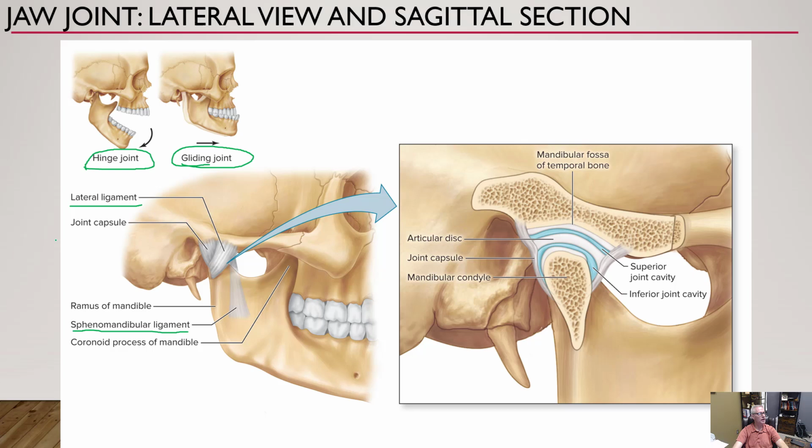The mandibular condyle goes into the mandibular fossa of the temporal bone. Fossa just means kind of like a hole.